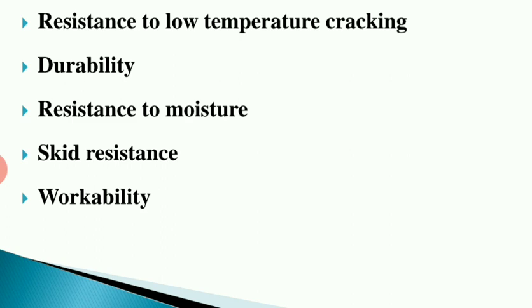Here this mix property is more important in colder regions. Low temperature, in the sense, refers to road constructions where the temperature is very low. Low temperature cracking is a major distress of asphalt pavements in cold regions. You can take any colder region, even in our own country, such as near Himachal Pradesh.